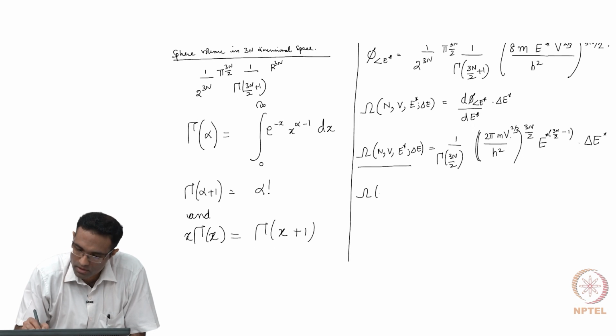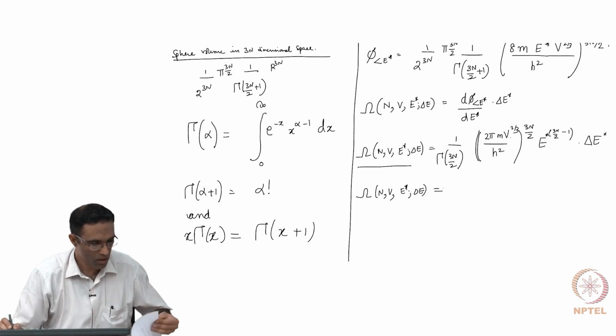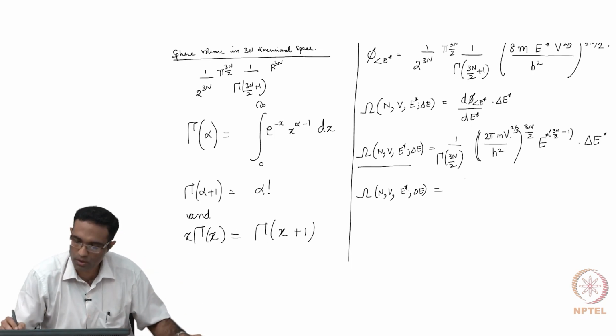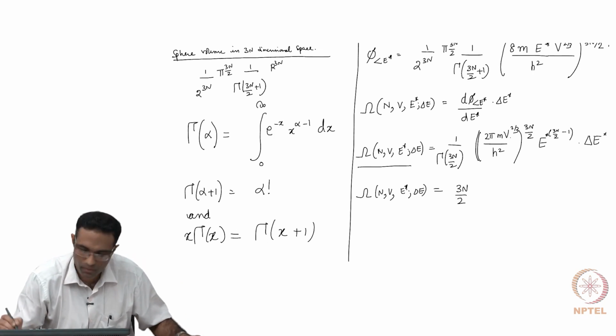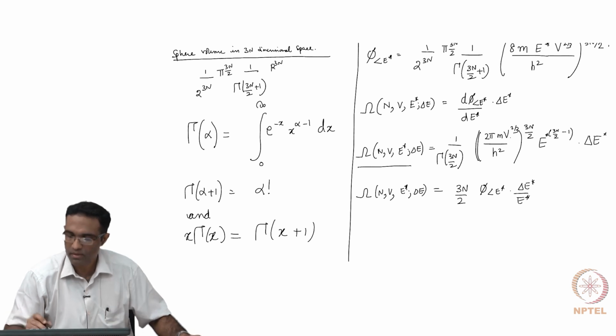Before doing that, this particular expression can once again be written in the following form. If you do a little bit of manipulation, you can show that this is equal to 3N by 2 phi less than E star times delta E star by E star.